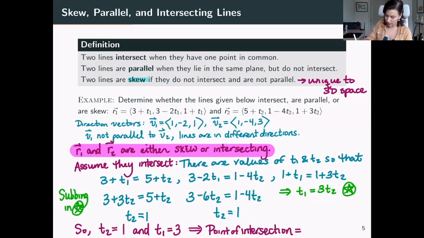If I substitute in my T1 into this equation, I would get 3 plus 3, so I would have 6. I would have 3 minus 6, so that would give me a negative 3. And finally, I would have 1 plus 3, which would give me that final coordinate point of 4.